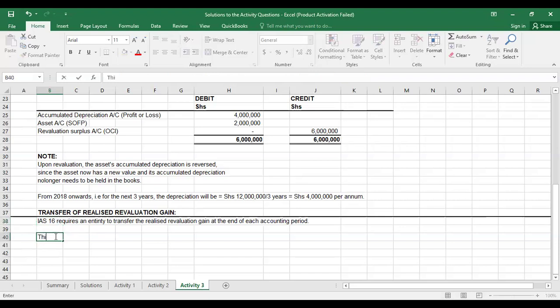So this is determined as below. This is how we are going to determine it.